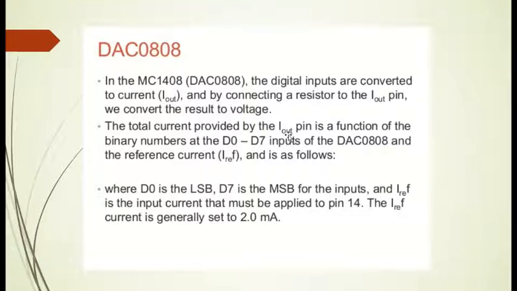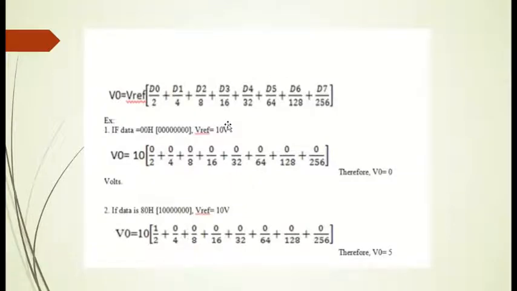And the total current will be in binary numbers, and we'll see an example of how this is converted. For example, if the data is available on D0 to D7, after conversion we can find the voltage V using this formula.